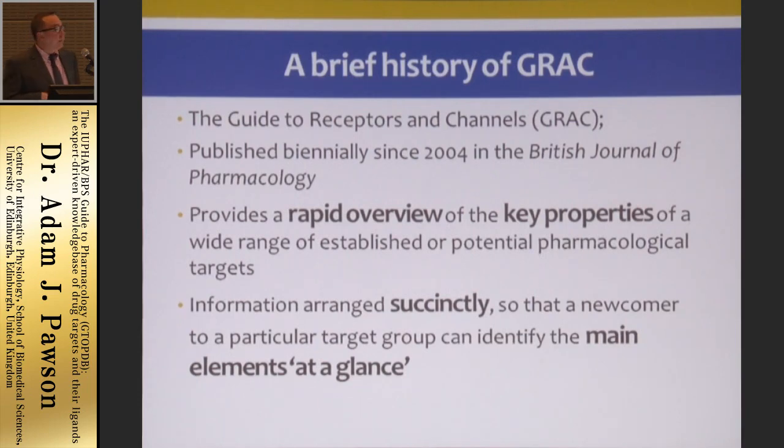And I'll give you some more information about that in a second. Importantly, the difference about GRAC is that the information is arranged very succinctly so that a newcomer to a particular field can identify the most important elements of a particular drug target at a glance.